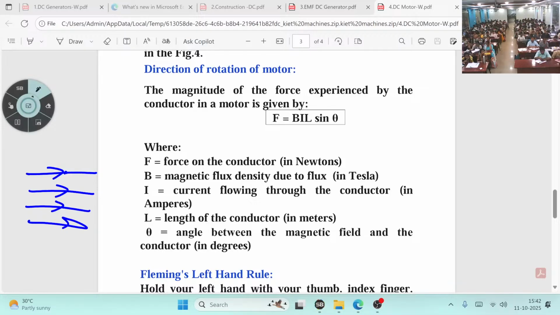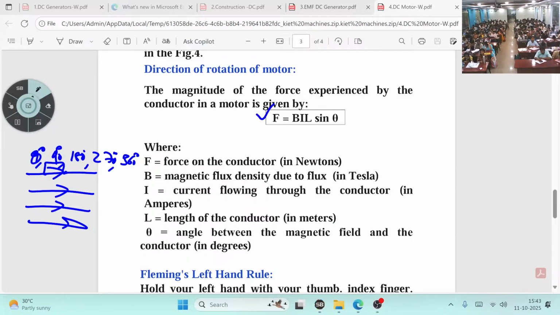So what is the angle between them? Maybe 0, maybe 90, maybe 180, maybe 270, maybe 60. So these are the different cases.